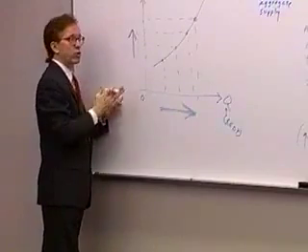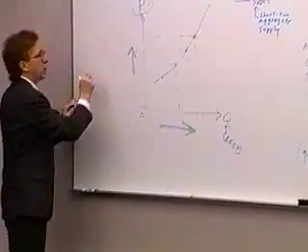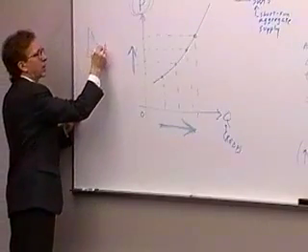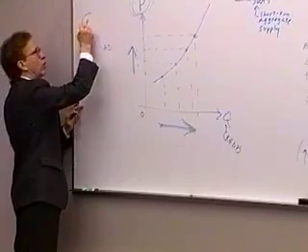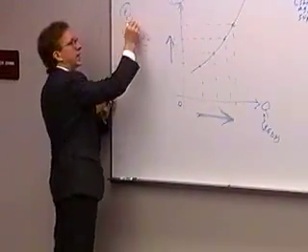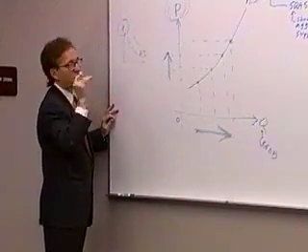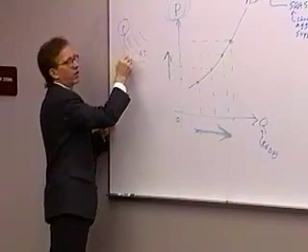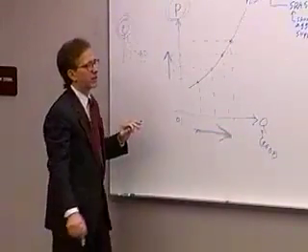A movement along the curve can only be caused by a change in the price level. It was the same thing with the aggregate demand curve. To move from one point to another along the aggregate demand curve would only be caused by a change in the price level. Everything else, those things we talked about earlier like changes in household wealth and changes in interest rates, shift the curve. We move along the curve if there's a change in the price level.